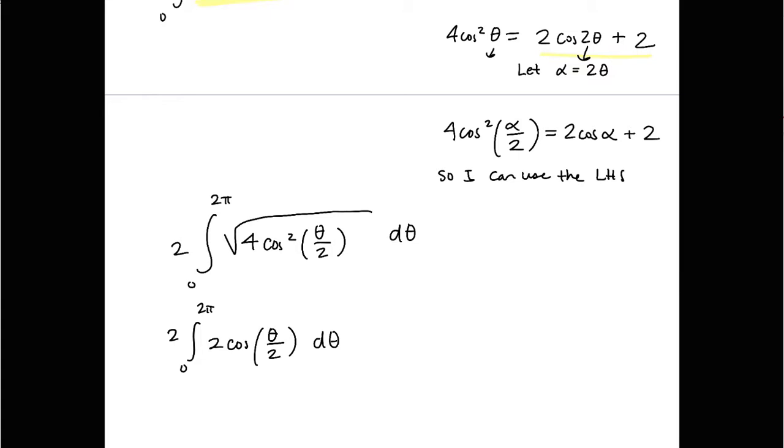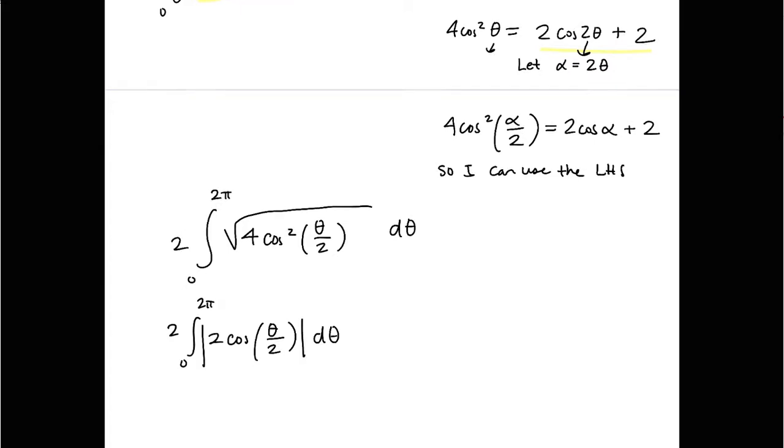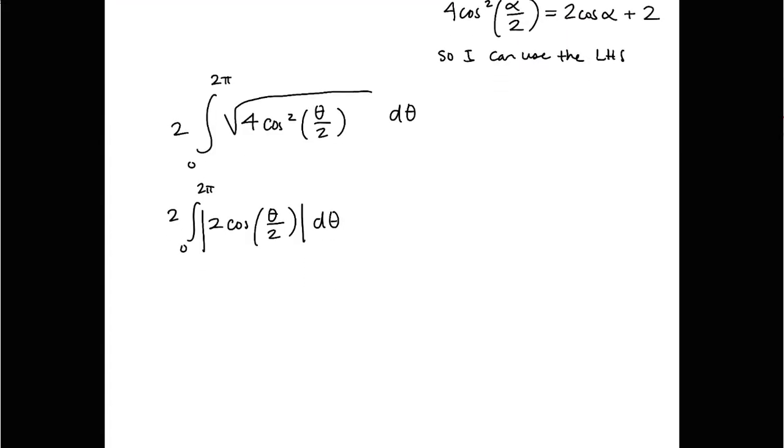And we square rooted a square, so we need an absolute value. And since cosine switches between negative and positive, if we split this integral up and did 2 times the integral from 0 to pi, cosine would always be positive.